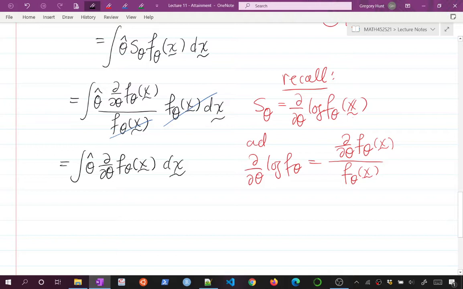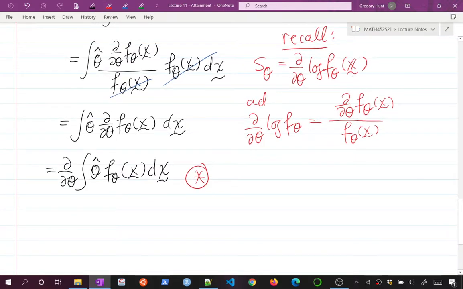And so if we have enough regularity, I'll put a star here, what we can do is bring that derivative outside. We'll bring that outside the integral. So it's the derivative with respect to theta of the integral of theta hat times f theta dx.